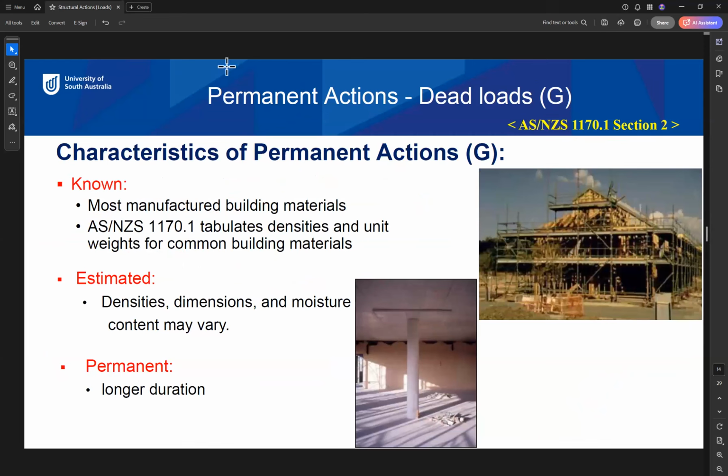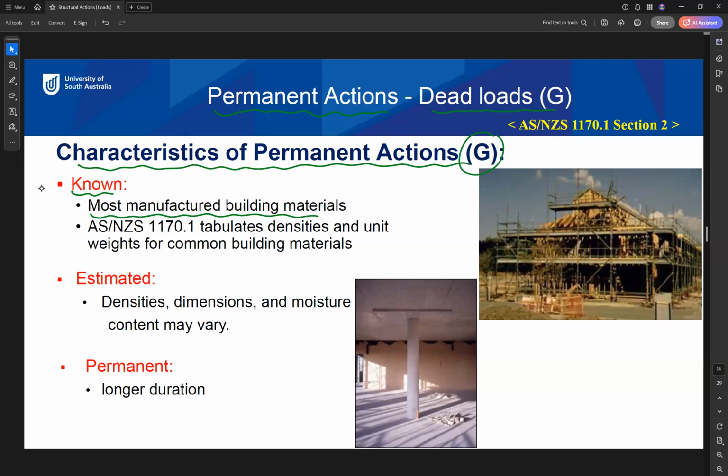Okay, so if we continue, what are the features or the characteristics of the permanent actions or the dead load? So for the characteristic of dead load, we have two or three types of dead load that can be considered. So we have some known dead loads like most manufactured building material.